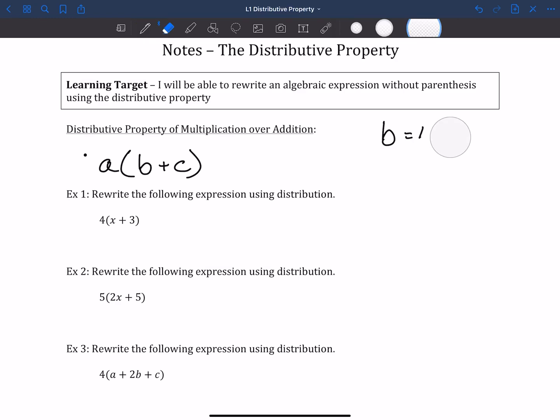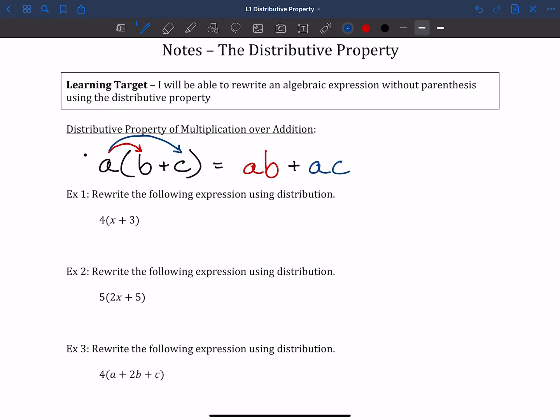When we're distributing, we do A times B, so that part of my answer is going to be whatever A times B is. Then we do the same thing and distribute it out to everything in the parentheses, so A also has to multiply C.